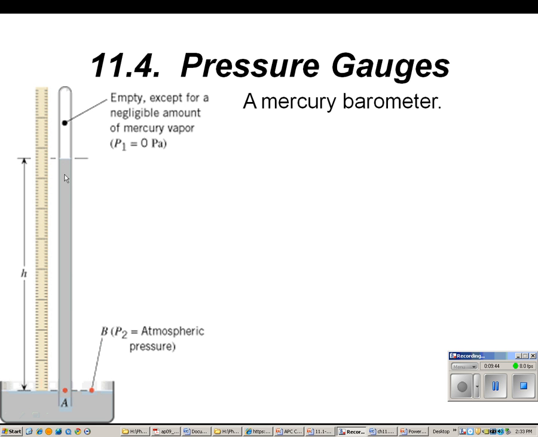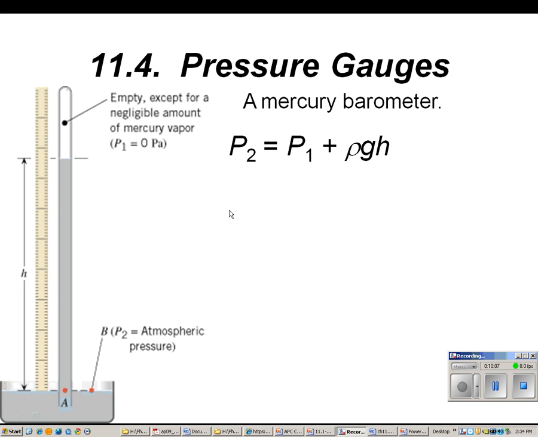Depending on the weight of the air, the mercury in the tube will move up and down, depending on the weight pushing down on that mercury. If the air is heavier, if you have dry air and it's heavier, the mercury will rise up. If there's moisture in the air, it will be low pressure and the mercury will come down.